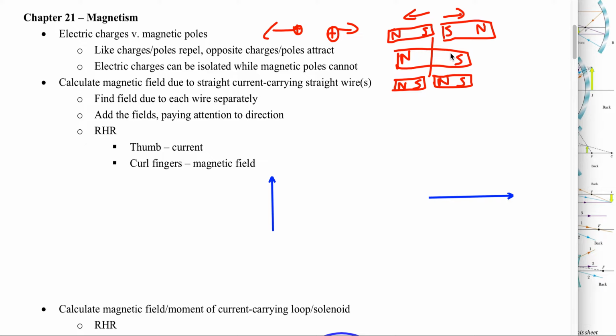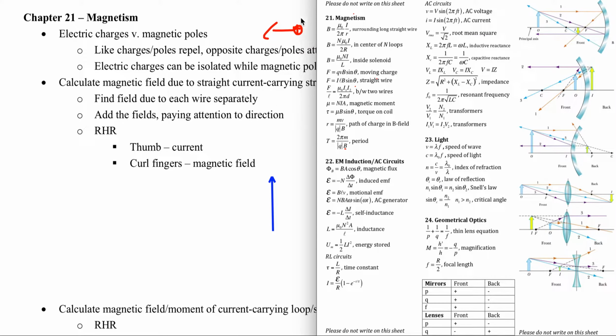And then the first topic here that relates to an equation is finding the field due to a straight current carrying wire. So this is talking about the first equation right here.